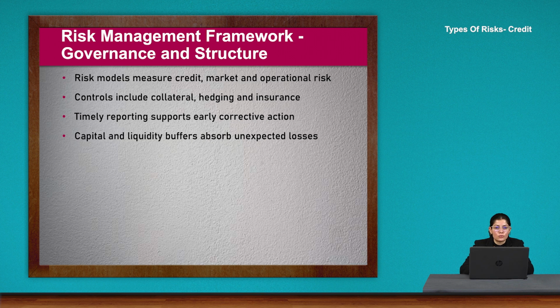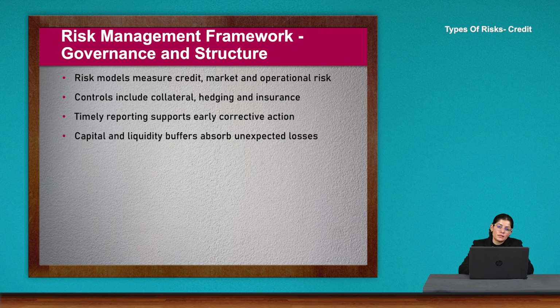So now we have controls and mitigations. So collateral, covenants, guarantees, hedging, insurance, and operational controls we can use. Another one we have is monitoring and reporting. So timely management information, exception reporting, and board level oversight. Another one is capital and liquidity planning. So adequate buffers beyond the regulatory minima to absorb stress losses.